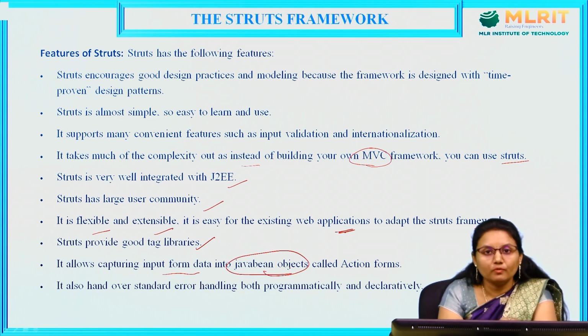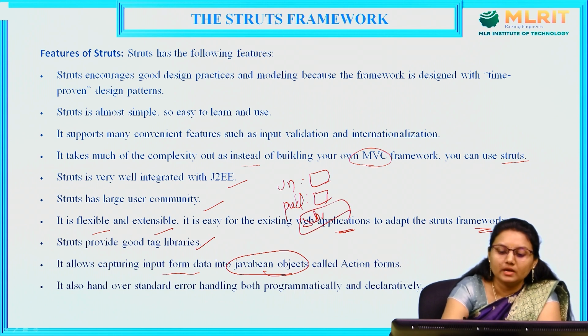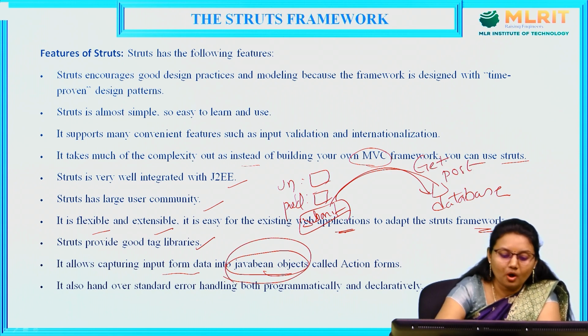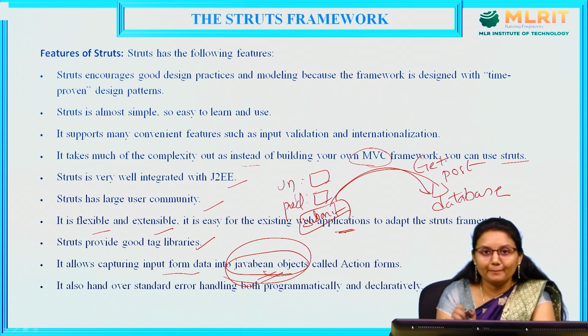In PHP, what we have done, whatever the form we have, this form is submitted. When it is submitted, the data is stored in the database, right? So what you are doing here, the form is directly sent using the get method and post methods. But here the form data is converted to what? Java Bean object. So you need to understand Java Beans also to apply this STRUTS.